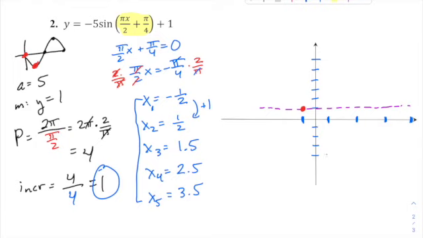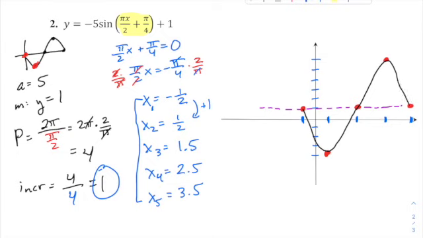So that would be down at negative 4. x3, I'm going to be back on the midline. x4, I'm going to be above the midline by an amplitude of 5. So up there at 6. And then x5, I'm back on the midline, and there's your one complete cycle. Right, you try to draw a decent wave. That's a sinusoidal wave there.